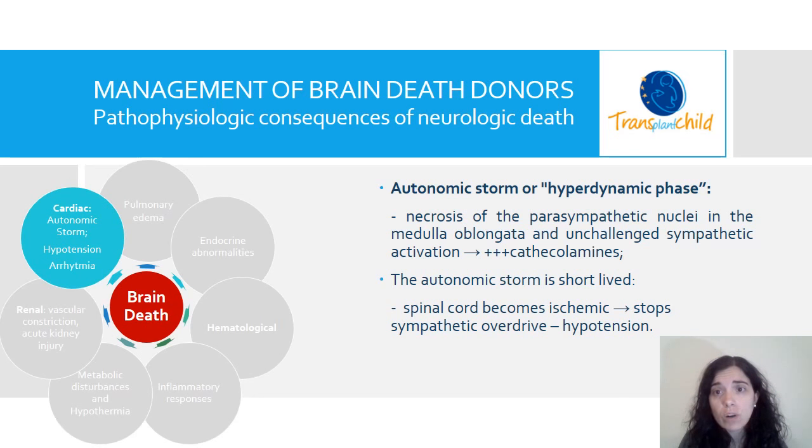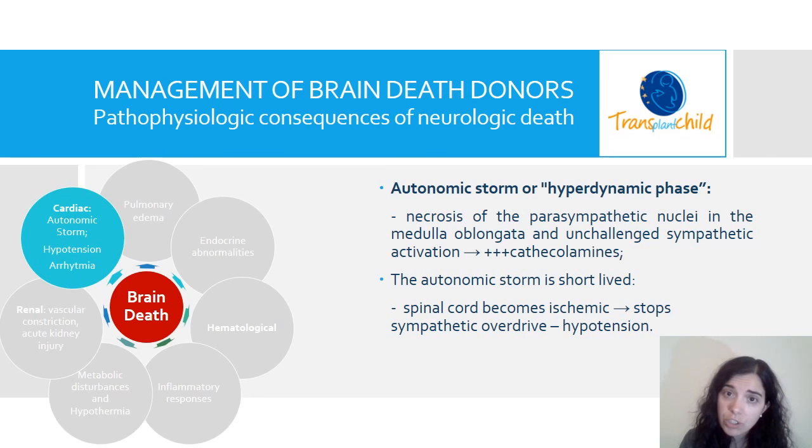The autonomic storm is closely followed by a phase of hemodynamic compromise, which presents the greatest risk to donor organs. The autonomic storm is short-lived because the spinal cord becomes ischemic and it stops the sympathetic overdrive. As a result, heart rate, blood pressure, and myocardial contractility decrease.